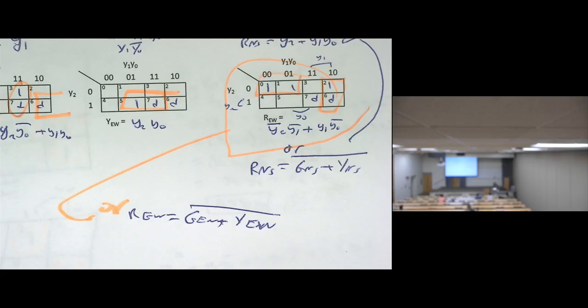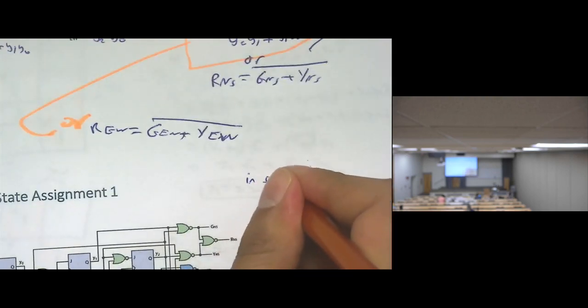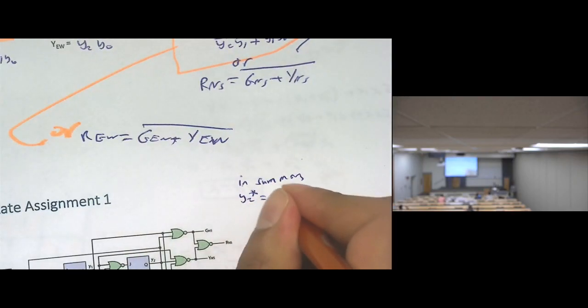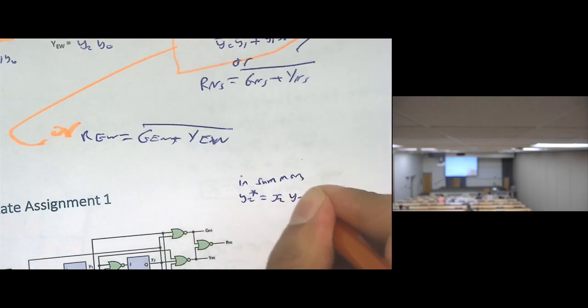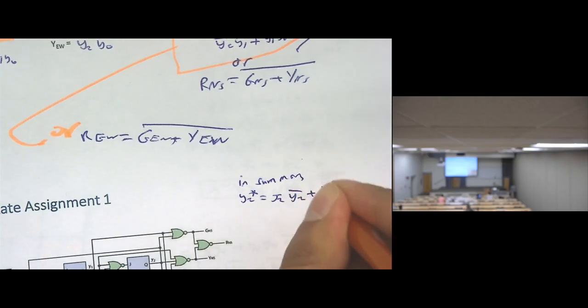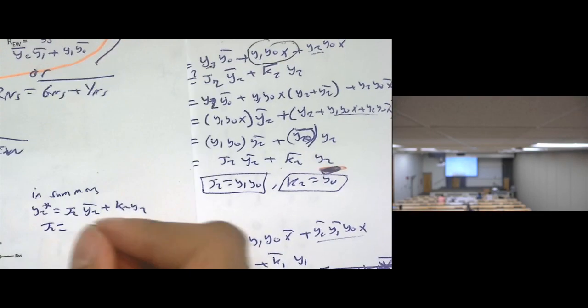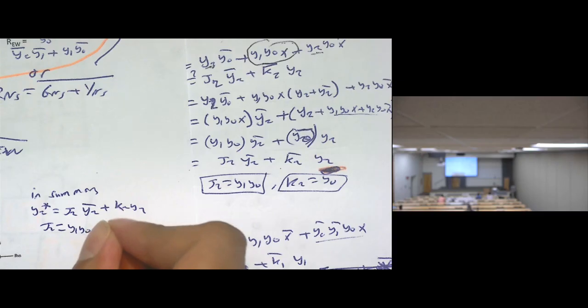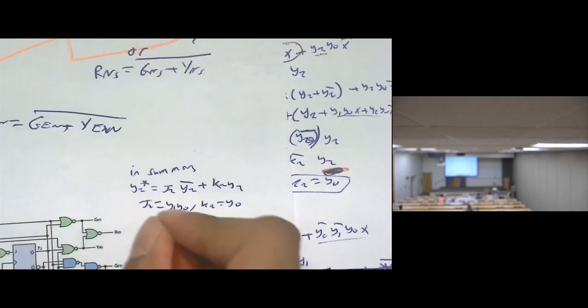After writing the equations, we already have all of the other equations. So, in summary, we have the JK flip-flops. Y2 star equals J2 times Y2 bar plus K2 bar times Y2, such that J2 equals Y1 Y0, K2 equals Y0.